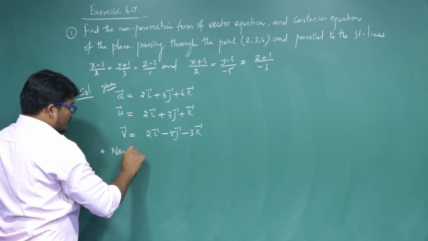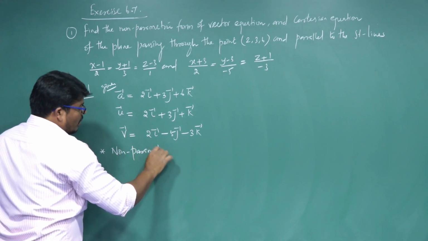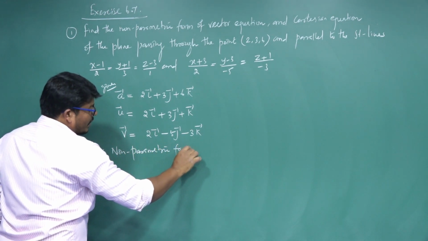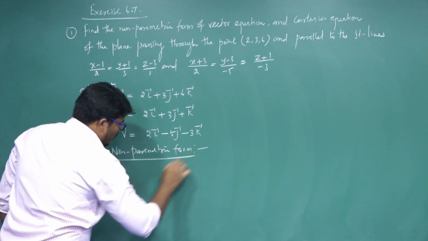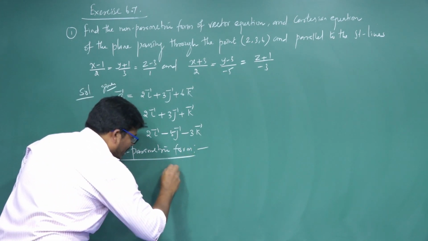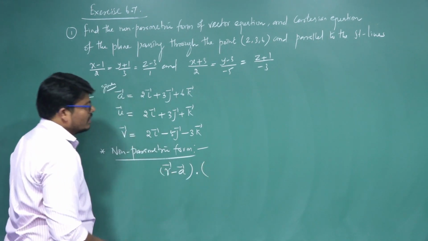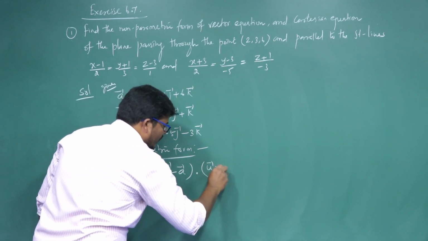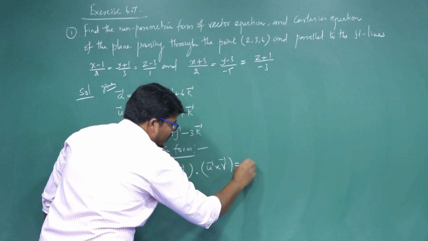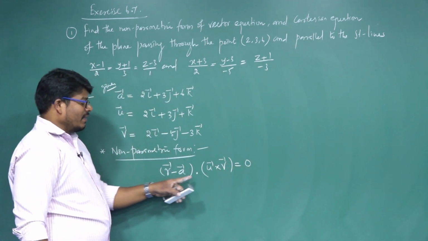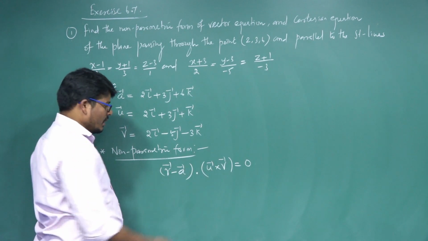First, find the non-parametric form of vector equation. You already know the non-parametric form: (r vector minus a vector) dot (u vector cross v vector) equals 0.